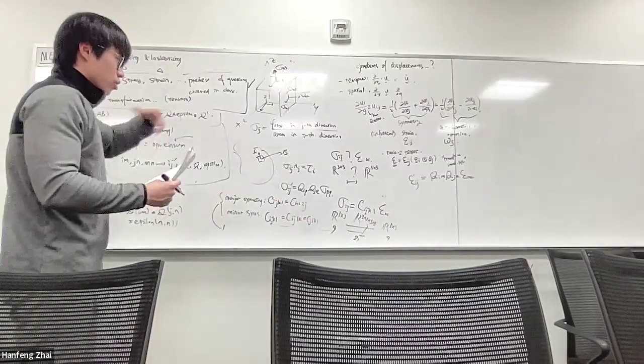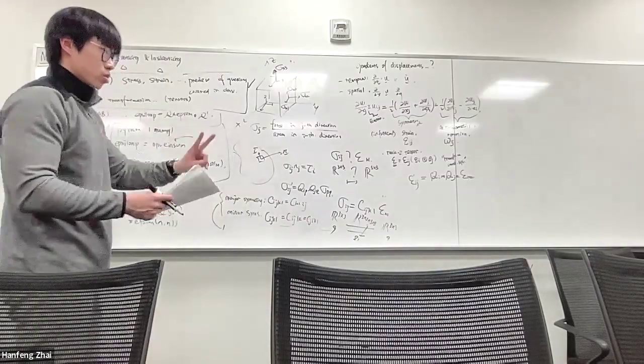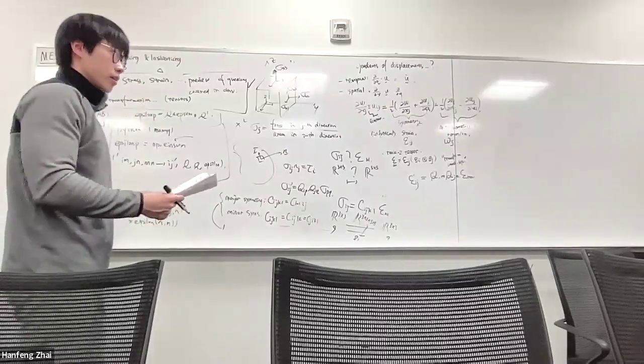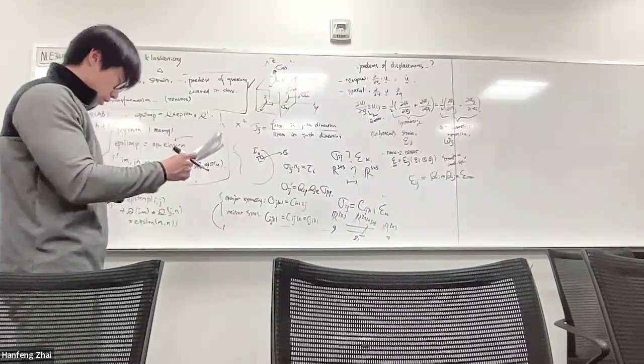And it can eventually be further reduced to 2 individual components, the bulk and shear moduli, under the isotropic assumption.